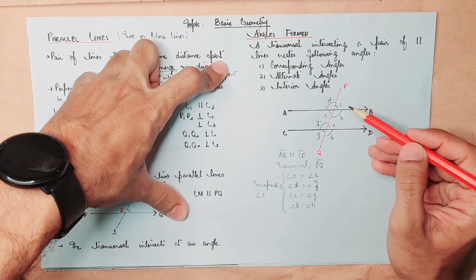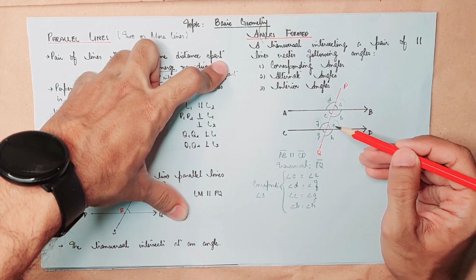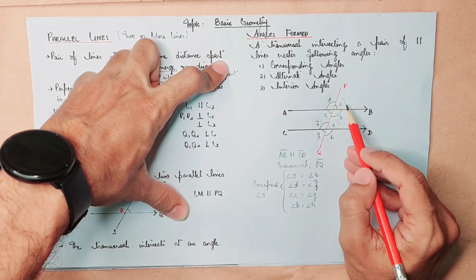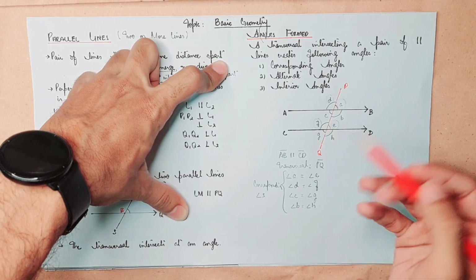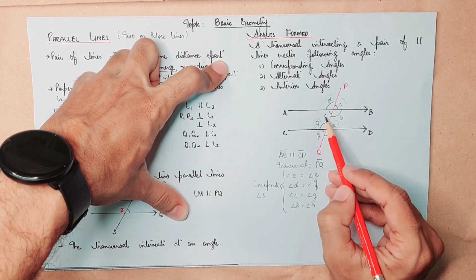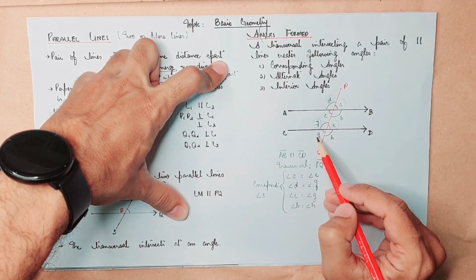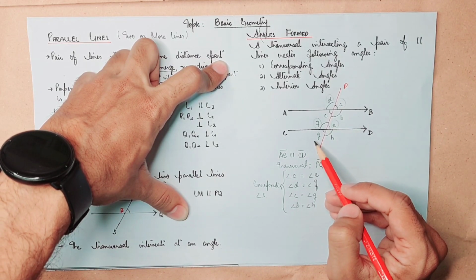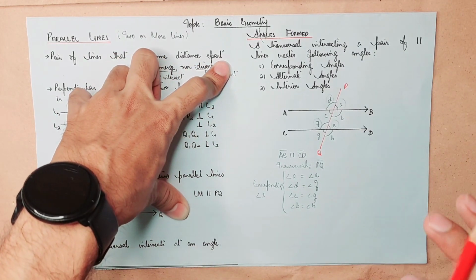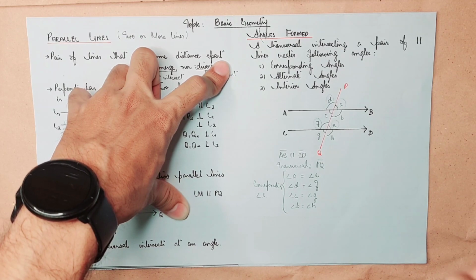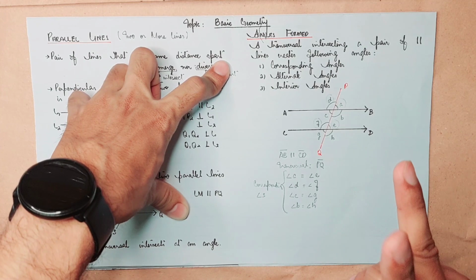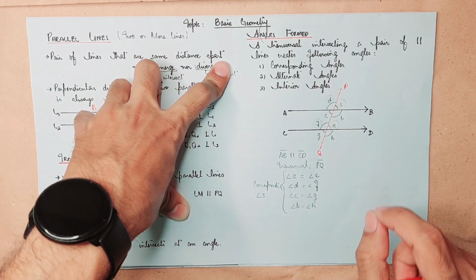In the same way, angle C and its corresponding angle G are also on the same side of the transversal. So corresponding angles are at the same relative positions, and always on the same side of the transversal.